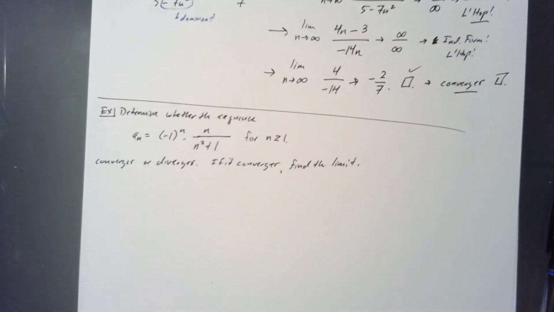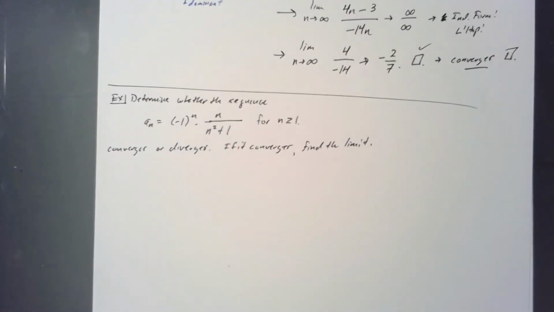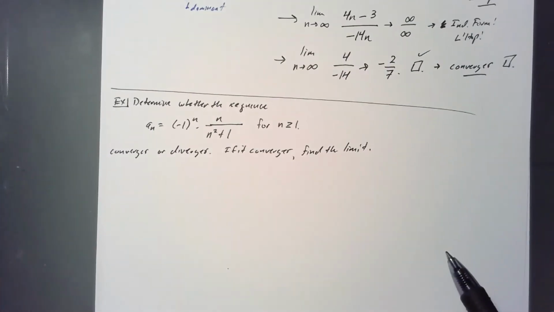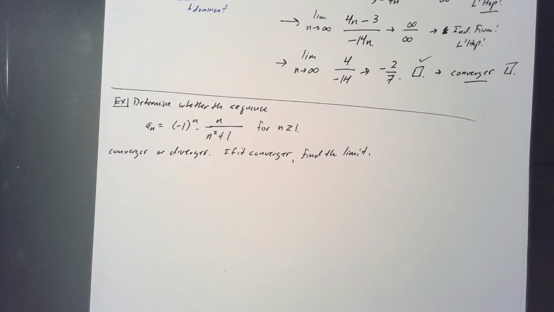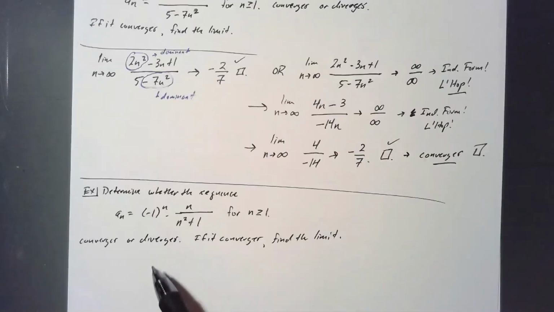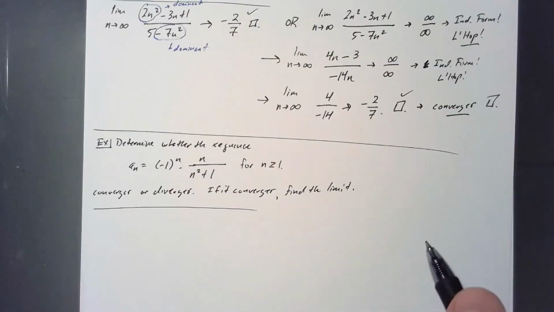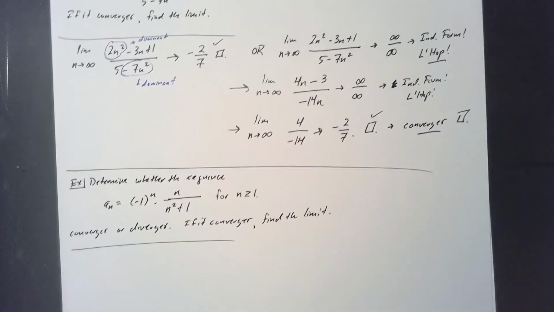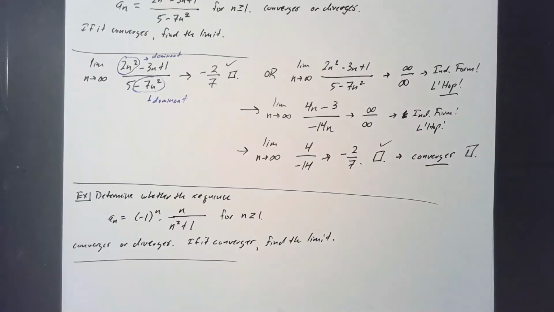So hopefully you've dusted off your limit techniques from Calc 1, because they're going to show up here. All right, so this is my sequence. So I want to take the limit. Now I mentioned it on the first page, you could just go straight.